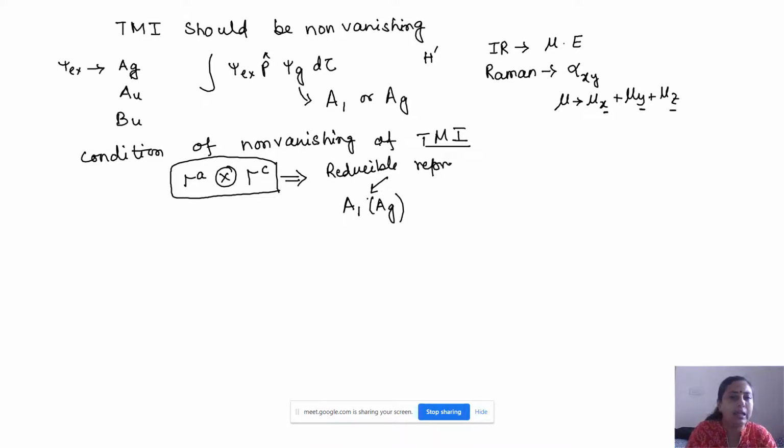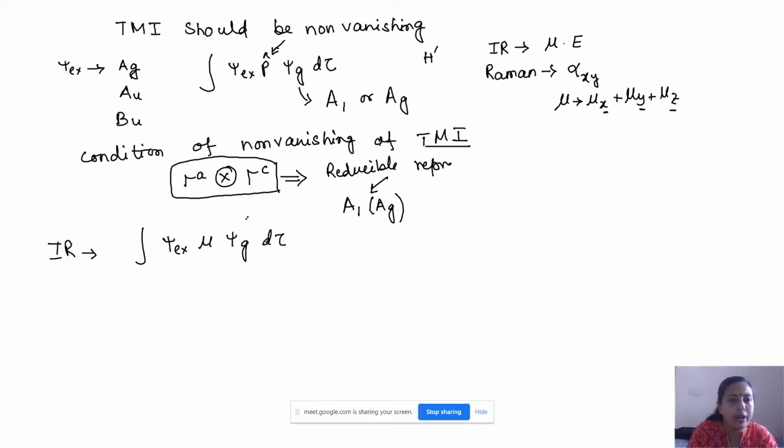Or, on the other hand, if that is not a reducible representation, then the direct product of the way tau A and tau C are transforming should exactly match the symmetry species of this perturbed Hamiltonian. So for IR activity, we have to know how mu tau ground state d tau is transformed.